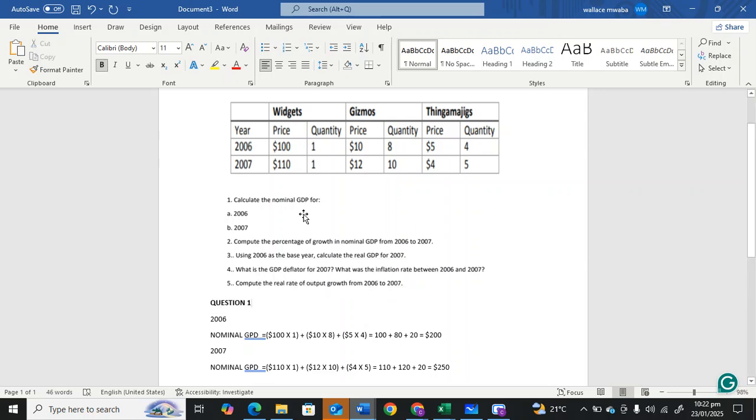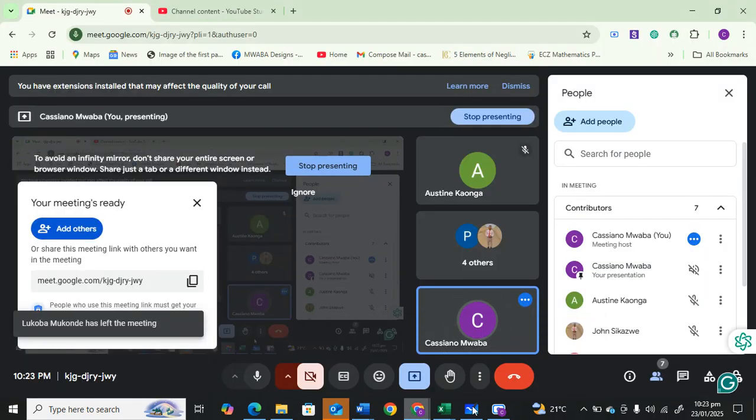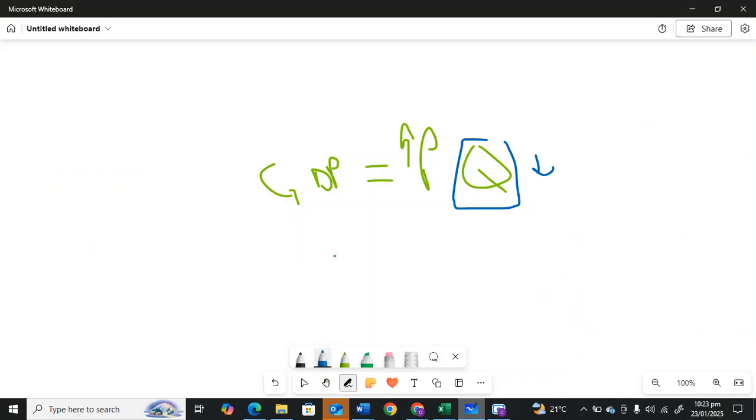Next part. Compute the percentage growth in nominal GDP from 2006 to 2007. Colleagues, whenever you hear percentage growth, always remember this concept: new minus old, divided by old, times 100%.